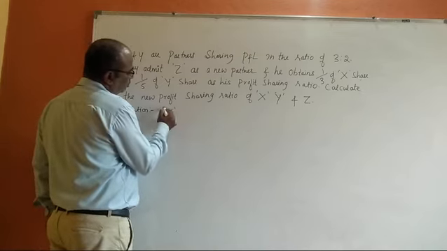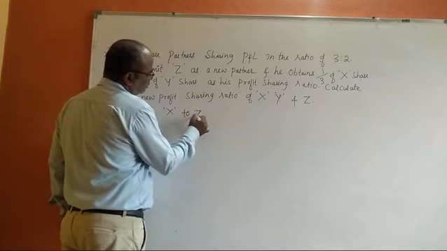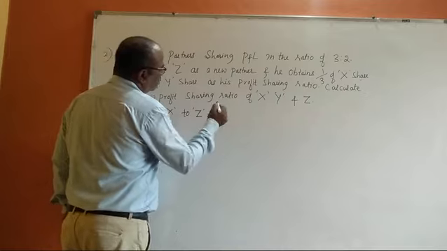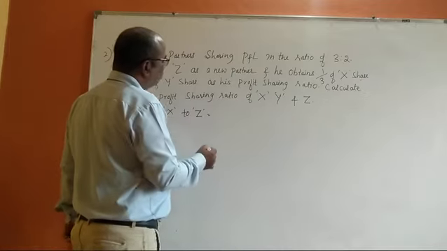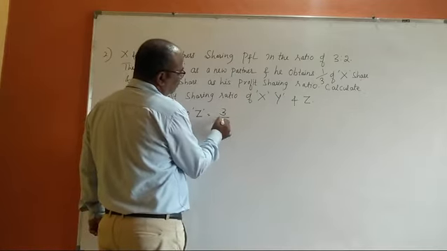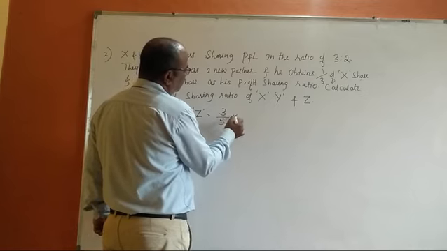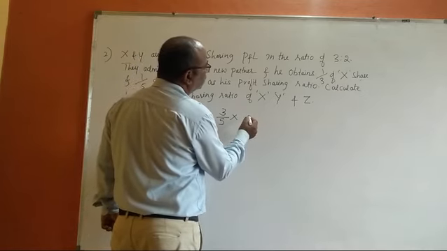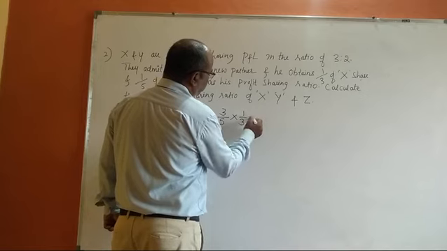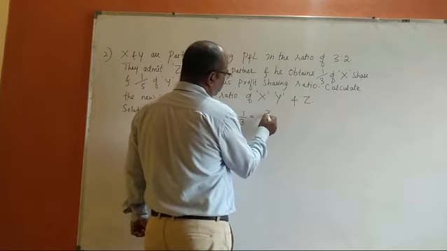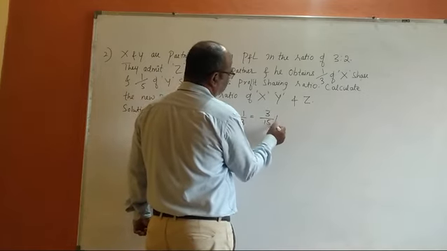X to Z. X's old ratio was 3/5 and he is agreeing to give how much? 1/3 of his share, that is equivalent to 3/15.